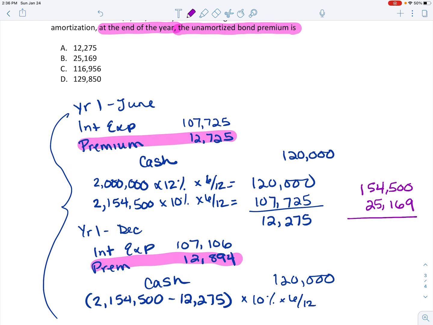If I subtract that, I should get 129,850. And again, D should be your answer. That's the amount of unamortized bond premium that's sitting on that balance sheet at the end of the year.